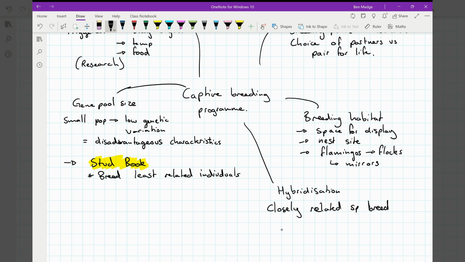And the example is something like African lions breeding with Asian lions. They would never naturally interbreed. They can only really do it in a zoo. The offspring produced would not be useful in continuing captive breeding, so it's sort of a waste of resources. So that needs to be avoided.